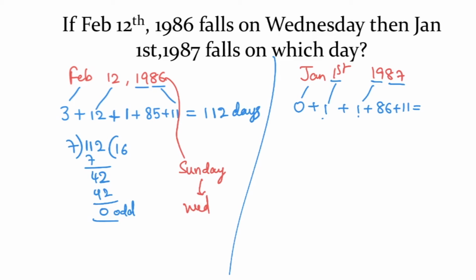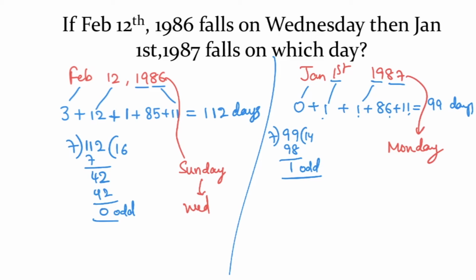Together 1 plus 1 is 2, 2 plus 86 is 88, 88 plus 11 is 99 days. 99 days divided by 7, 14 times is 98, so 1 odd day. So the first odd day is Monday. Actually, Jan 1st, 1987 is Monday.